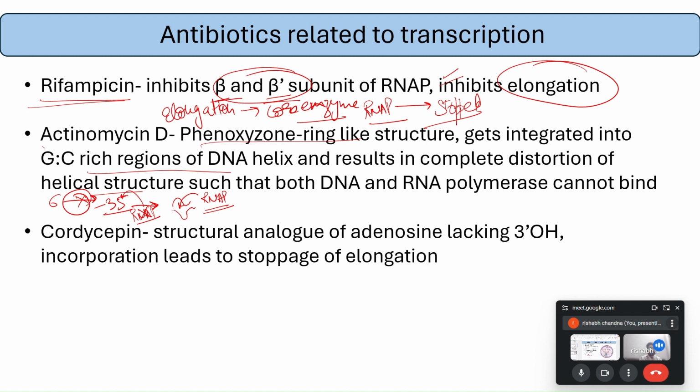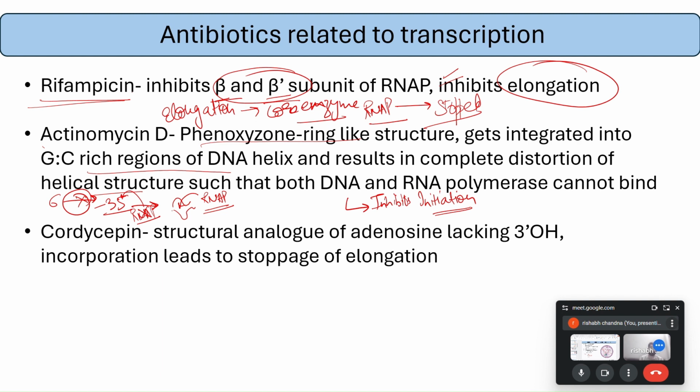Okay, so this is how actinomycin D works. So we can see that it particularly inhibits initiation. And not only RNA transcription, but this particular antibiotic also targets the replication process.